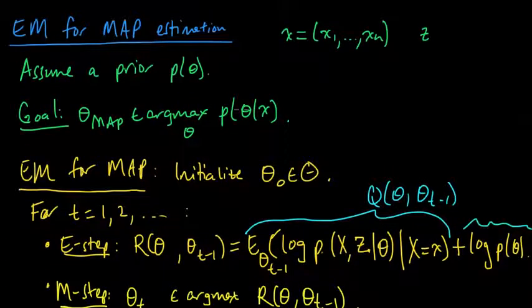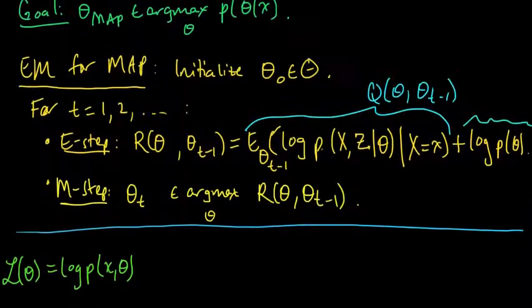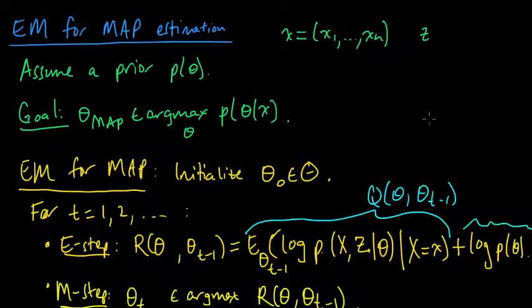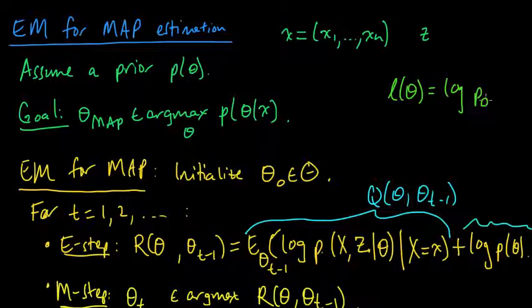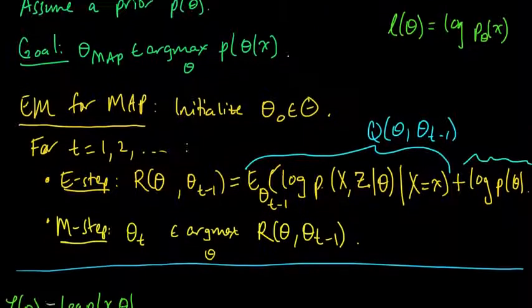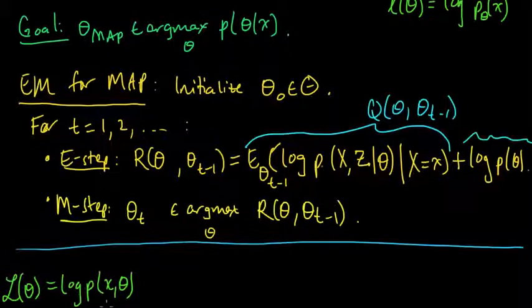Before, when we were doing MLE, we had this function little l of theta, which was the log of the probability of the data under theta. And now we're going to have this capital L, which will be the log of the probability of the joint.